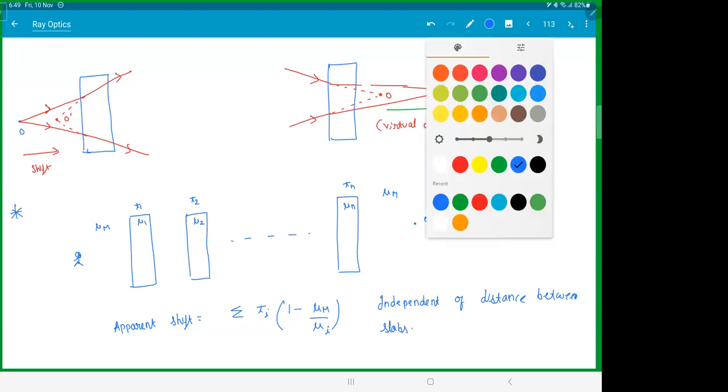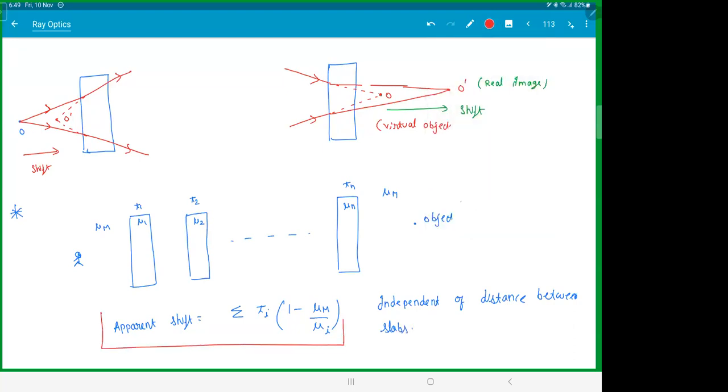This is a more general formula if you have multiple slabs. Check it out. Remember, all these are slabs, and both the sides, the medium should be same.